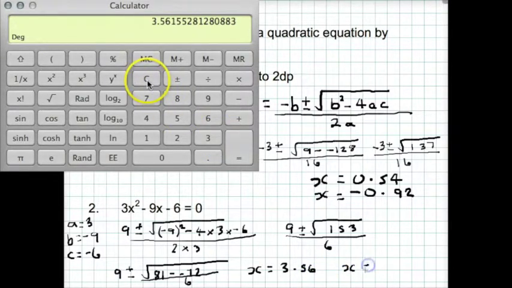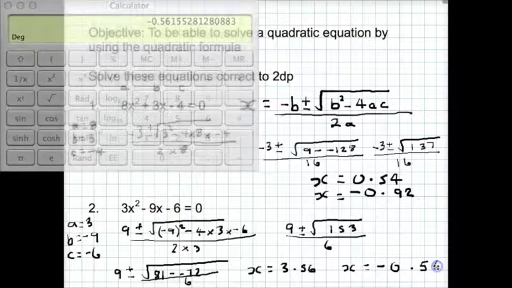And next one, we're going to write in 9 take away the square root of 153. Press your equals button and then divide that by 6, which is going to give you a negative 0.56. And there's our two answers.